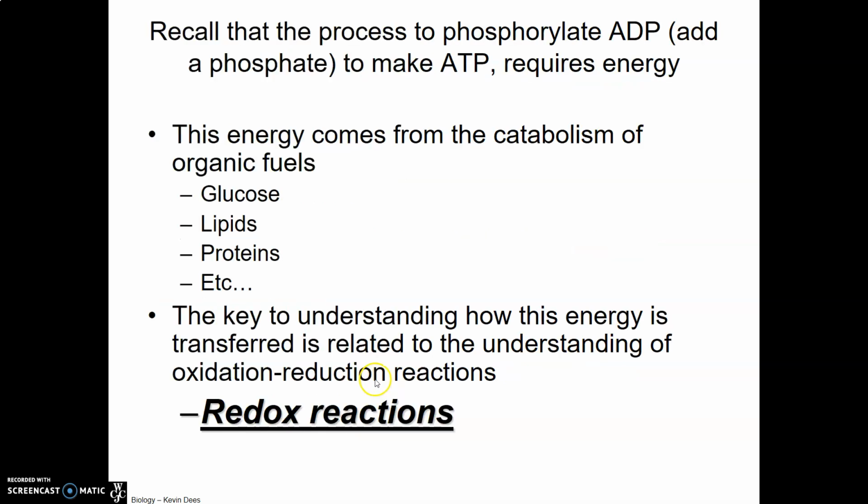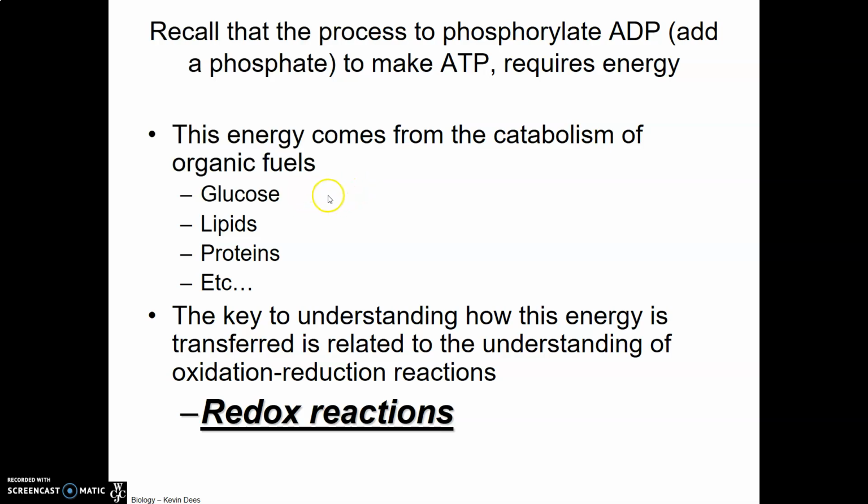Now, recall that the process to phosphorylate ADP, or to add a phosphate to make ATP, is going to require energy. And the energy in our bodies comes from the catabolism of these organic fuels that we find in our foods, right? Because as heterotrophic organisms, we require the input of these molecules to serve as these energy sources.